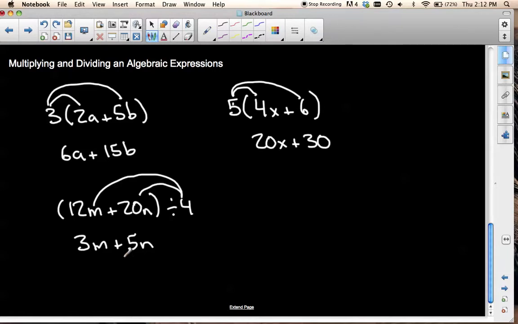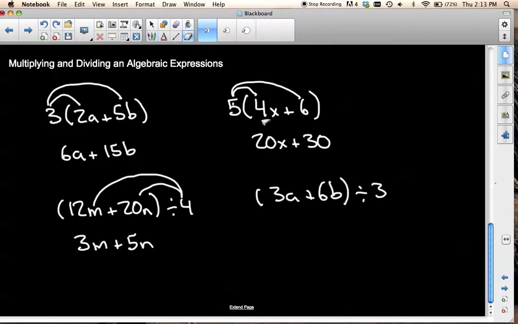So even if we have something with fractions, well, we'll do one more division and then fractions. So if we have 3a plus 6b divided by 3.